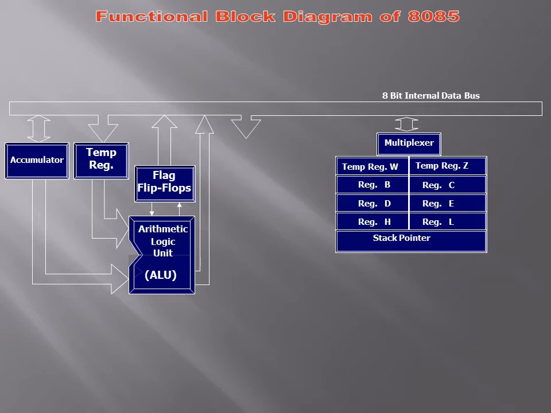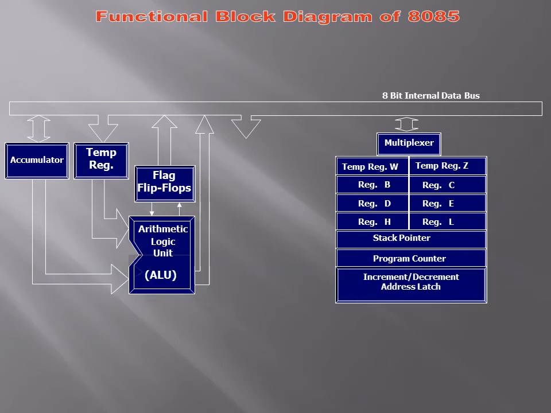What the stack pointer does is keep the address of the stack. It's a pointer, actually used as address storage of a stack. Then there's another very important register, the program counter. The program counter actually stores the pointer to the memory, the RAM, and to it is associated an increment/decrement register.